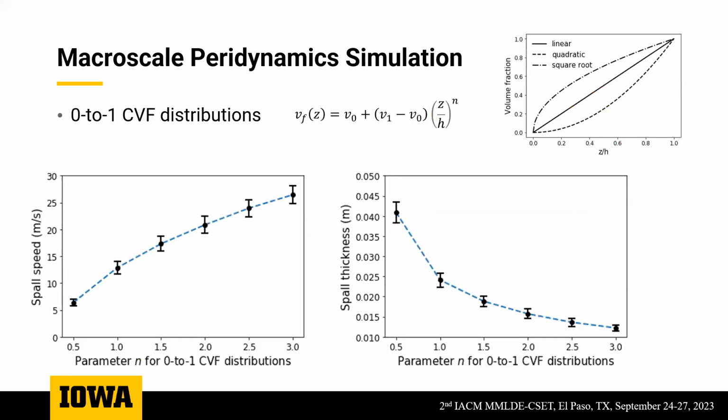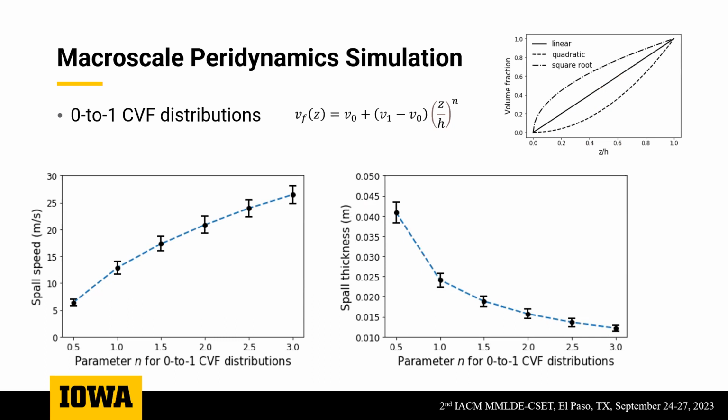So we did a study. We first studied the volume fraction changing along the thickness from 0% to 100%. One surface is metal and the other surface is ceramic, and it gradually changes from metal to ceramic along the thickness.